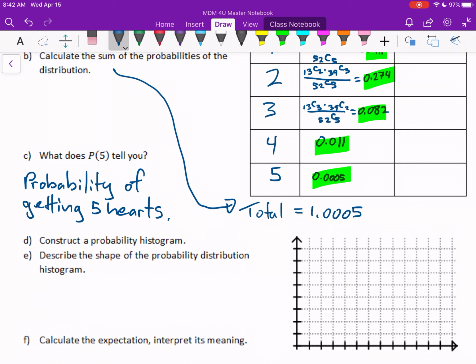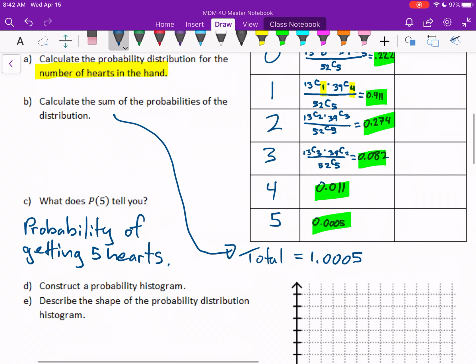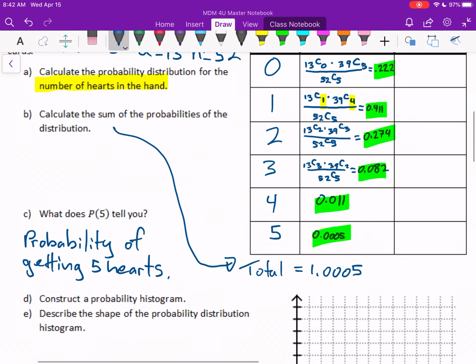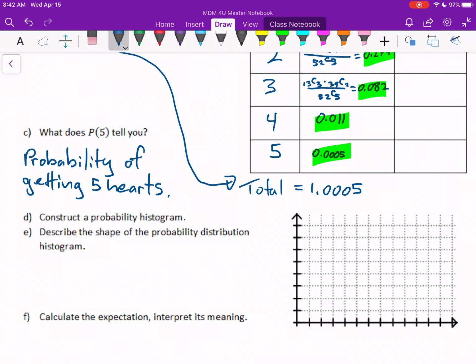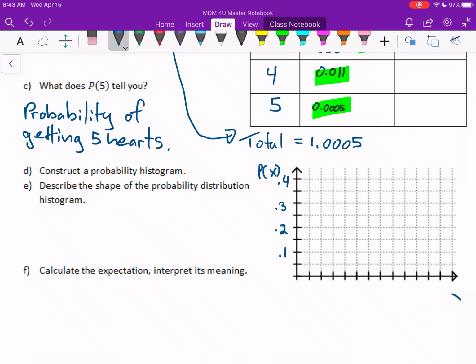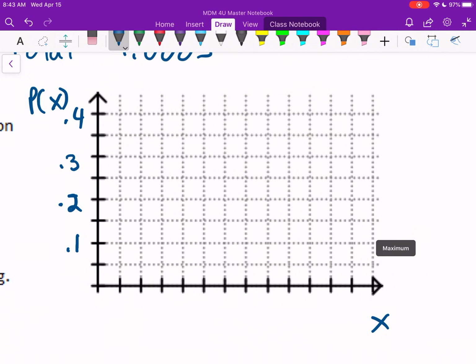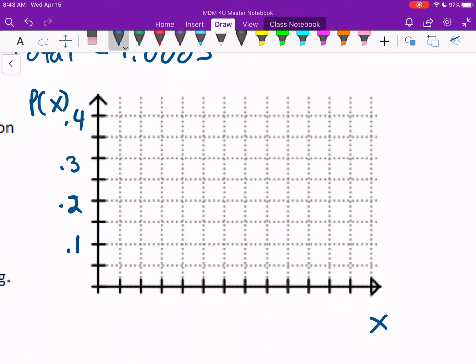Construct a probability histogram. Okay, we've done this a few times now. Highest probability is just over 40%, and that's of getting 1 heart. So we've got to make sure we have room for that. So for P at X, I think if we go up by 10% every 2 blocks, every 2 grid lines, that fits, as you can see. And then for X on the horizontal axis, if I start here at 0, then it should fit.